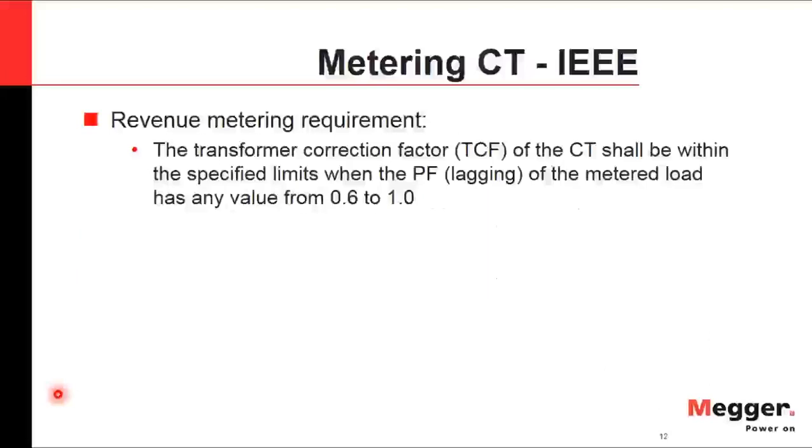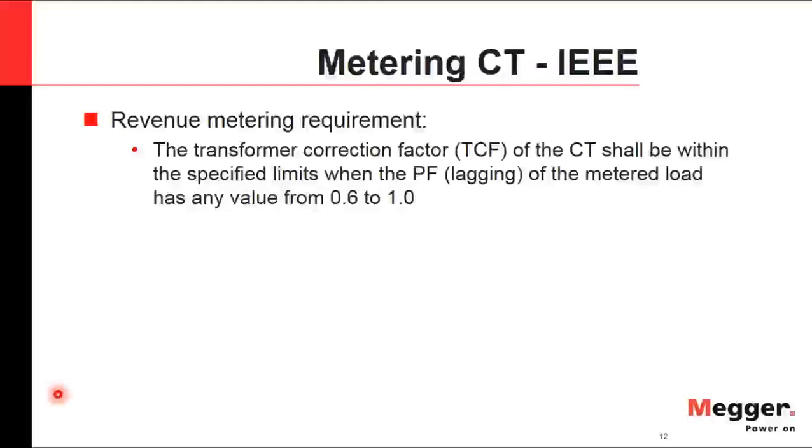When we're talking about revenue metering equipment, there's one requirement. The transformer correction factor, or the TCF of the CT, shall be within the specified limits when the power factor, lagging power factor in this case, of the metered load has any value between 0.6 and 1.0.